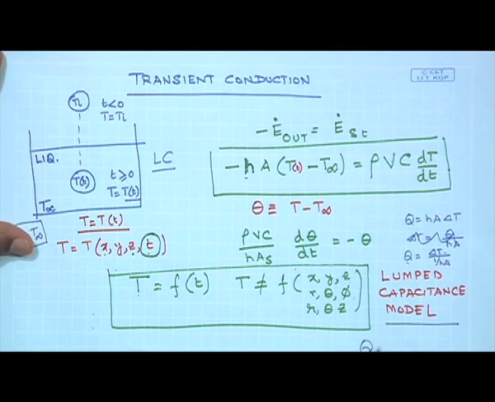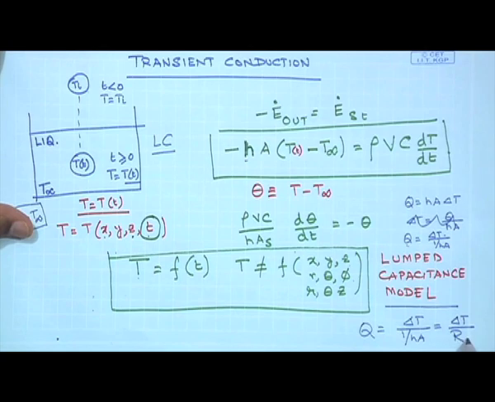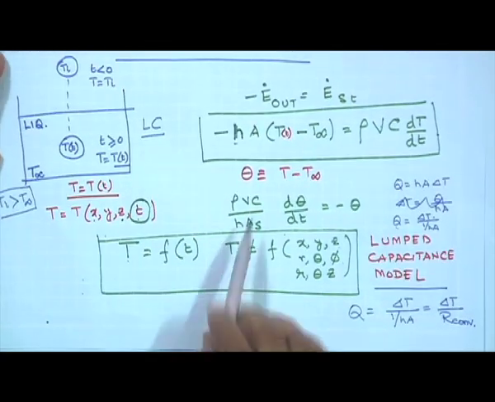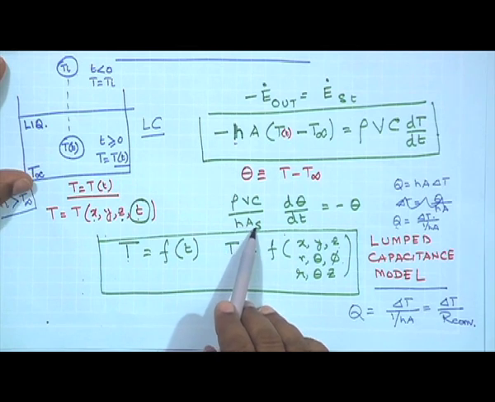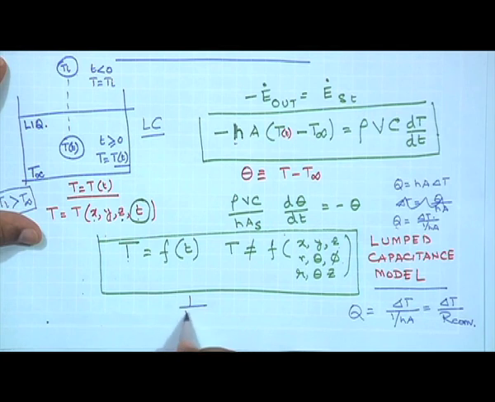If I express Q as delta T by 1 by h A, this can be termed as delta T by resistance due to convection. So, the 1 by h A s, where A s denotes the surface area, is some sort of a resistance to convective heat transfer.